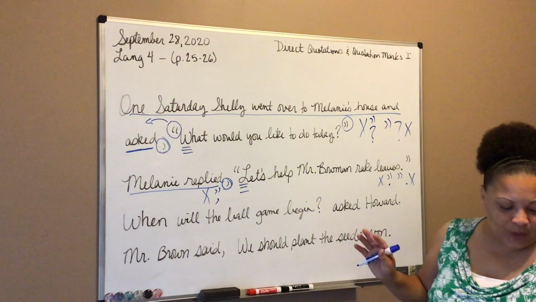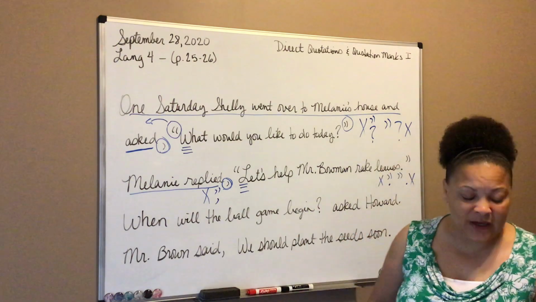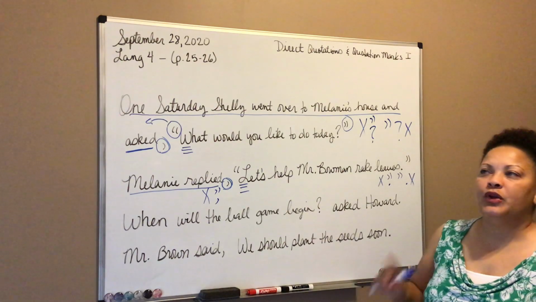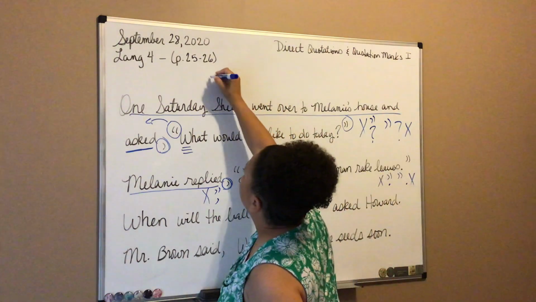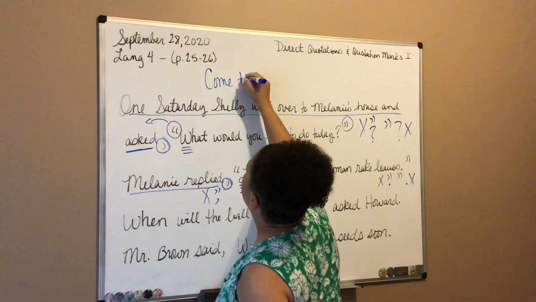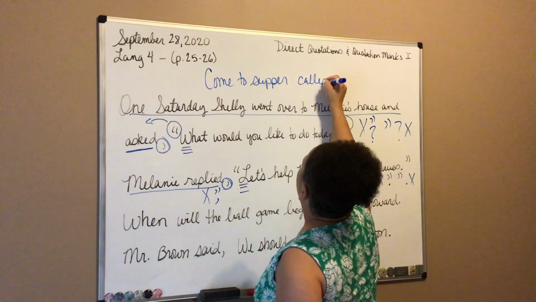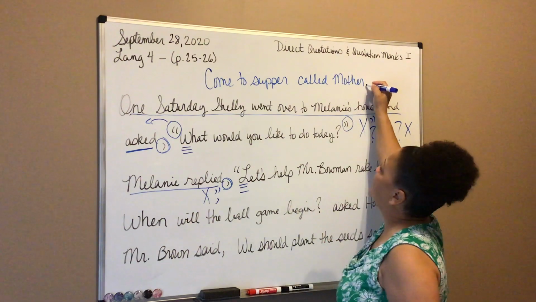It gives you an example of a direct quotation in the beginning of the sentence. Come to supper, called mother. Notice this one is a little bit different. When it says, come to supper, called mother. Mother is her name. That's what they call her, so it's capitalized.